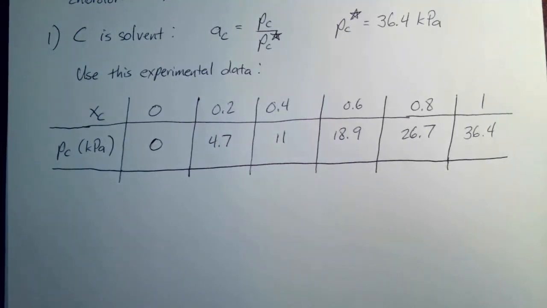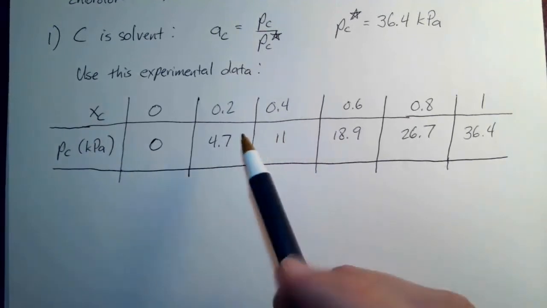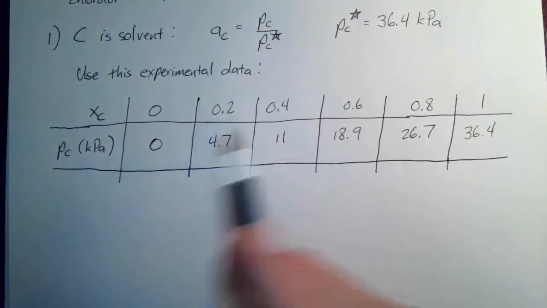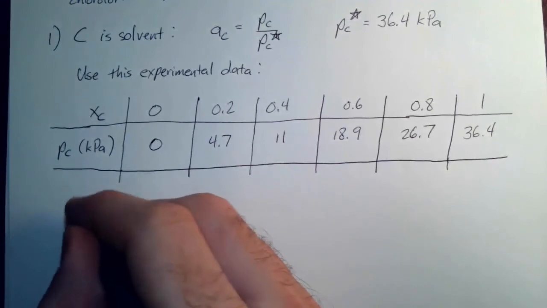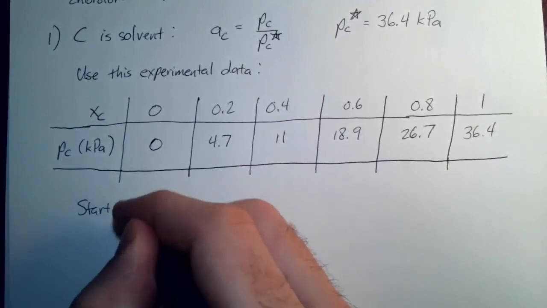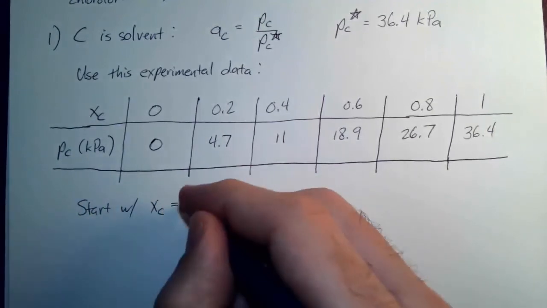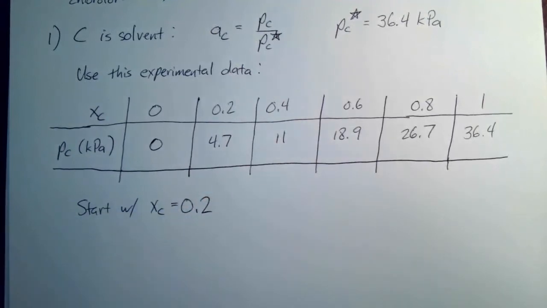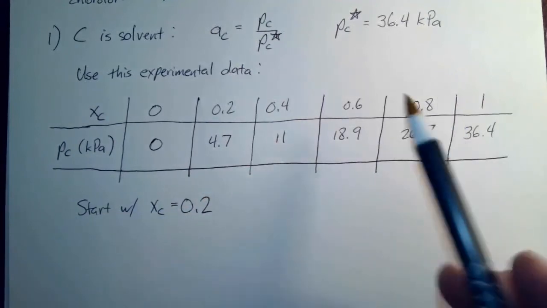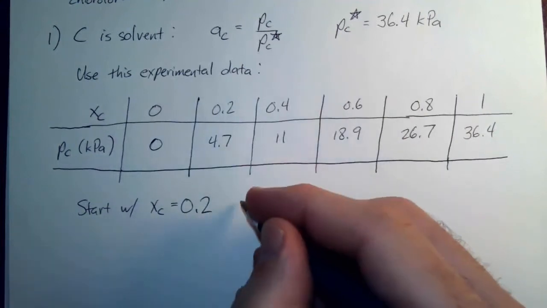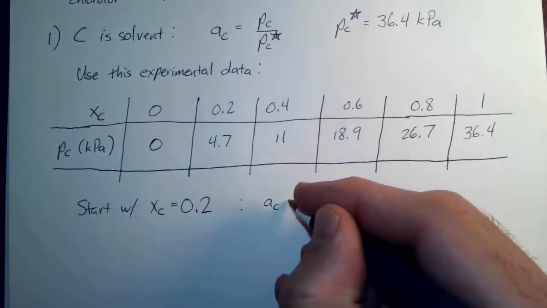So let me pick one data point to start with. Let's pick this point where XC, so we'll start with the mole fraction of chloroform being 0.2, 20%. All right, now I can use this formula for the activity.